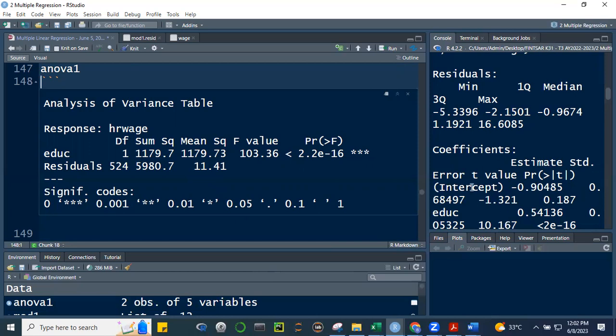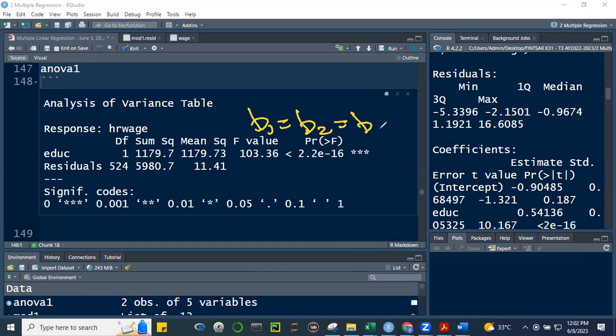Isa yon. Tapos B2 is equal to 0, that's another one. B3 is equal to 0, that's another one. So separate sila. Pag dito sa ANOVA naman, ang test natin, B1 is equal to B2 is equal to B3 is equal to 0. So overall, sabay-sabay sila.